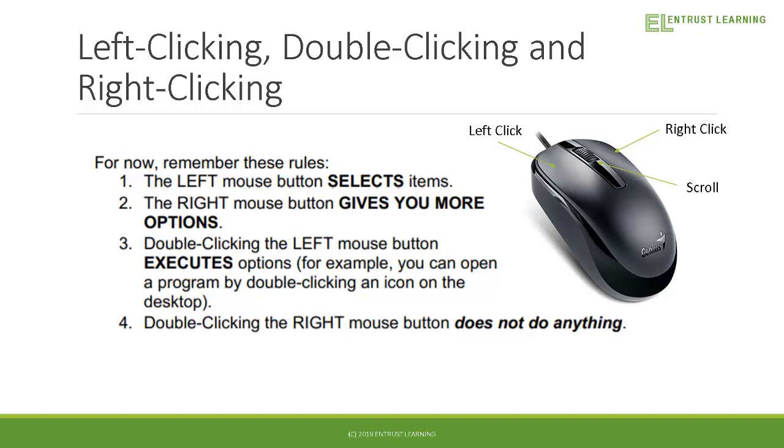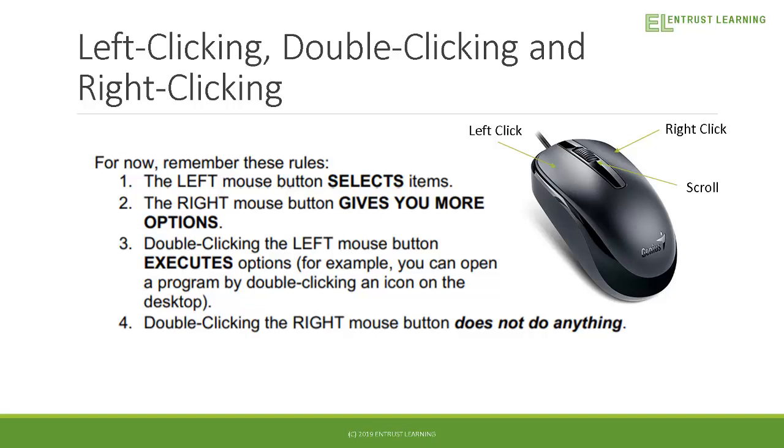The left mouse button normally allows you to select things. If you did a double left click, this will allow you to open things up. The right mouse button gives you more options. When you right click, it will bring up a drop down menu in the operating system, which will allow you to make your choice.